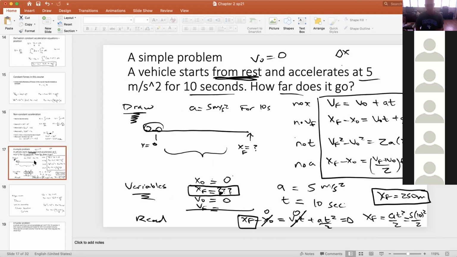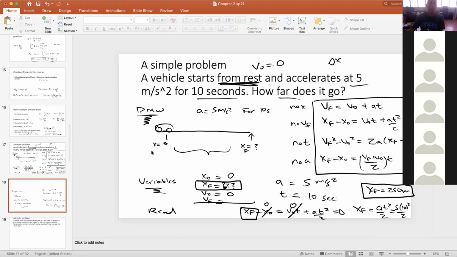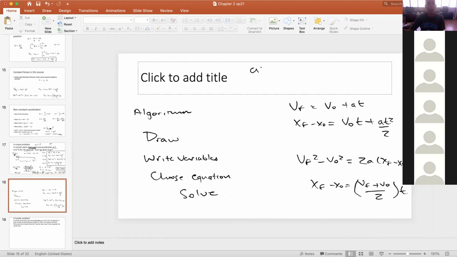Going back to this, could we have solved it a different way? Absolutely. In fact, let's do that. We knew that a was 5 meters per second squared, and v naught was 0, and t was 10 seconds. I could find v final from v initial plus at, which is 0 plus 5 times 10, which is 50 meters per second.